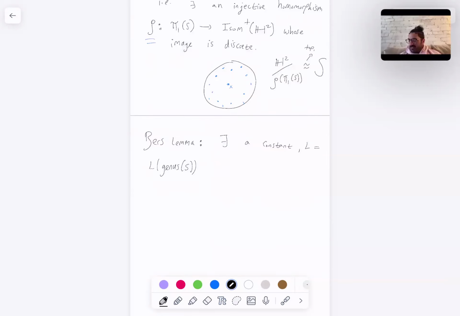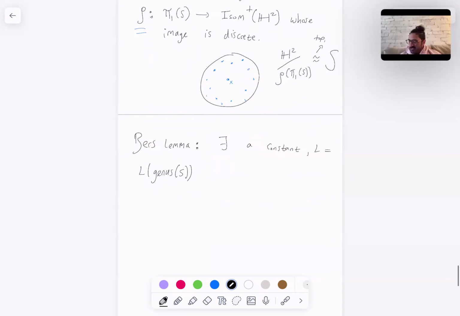Anyway, what is this constant? The constant is the following. There exists a constant L so that there is at least one closed geodesic on S of length at most that constant.